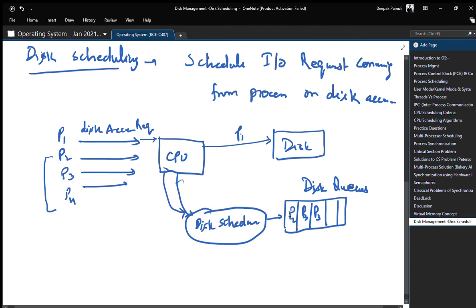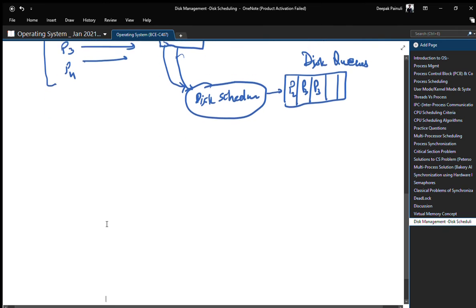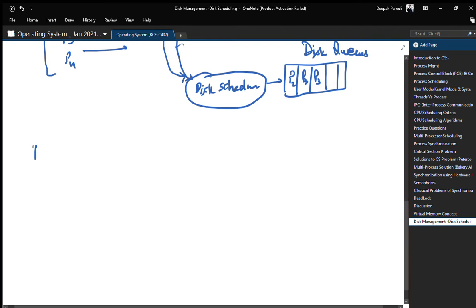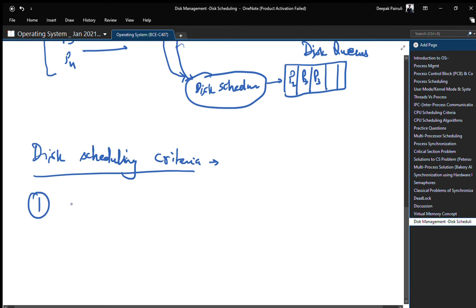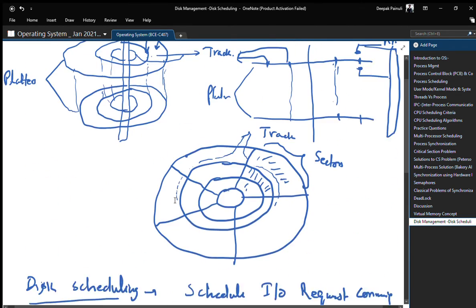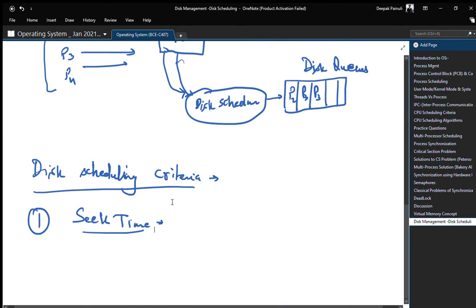Before going to disk scheduling, we first need to understand what disk scheduling criteria we have. The first criterion is seek time. Now you will get to know why I drew these diagrams before, because it comes into the definition.